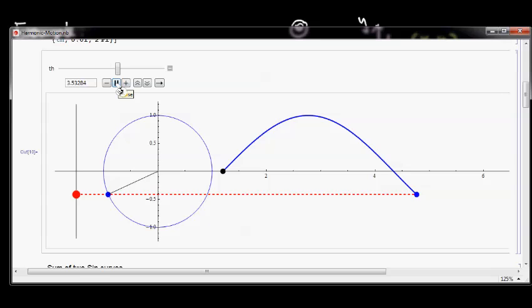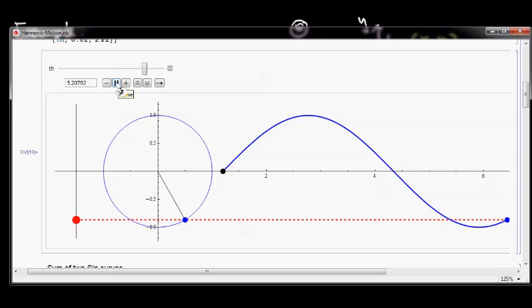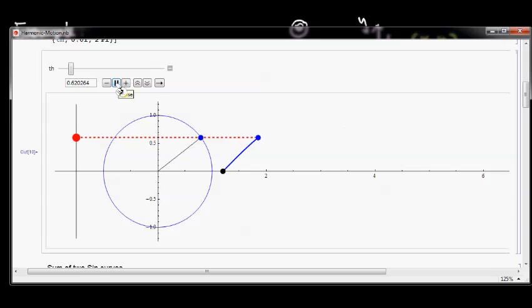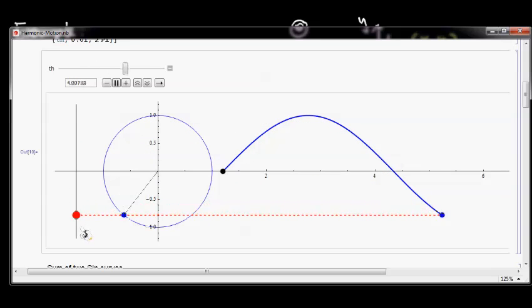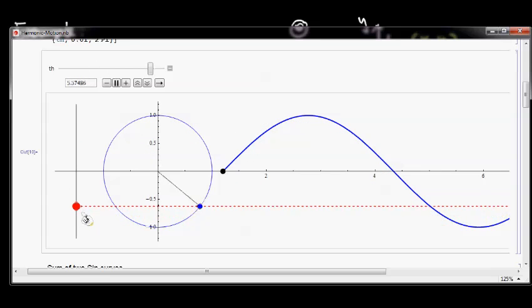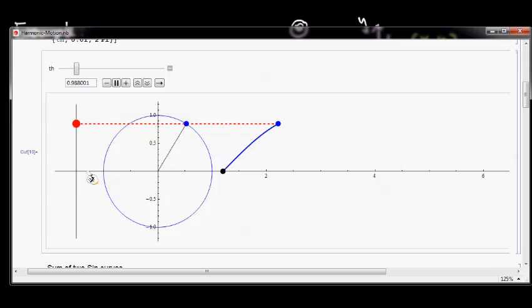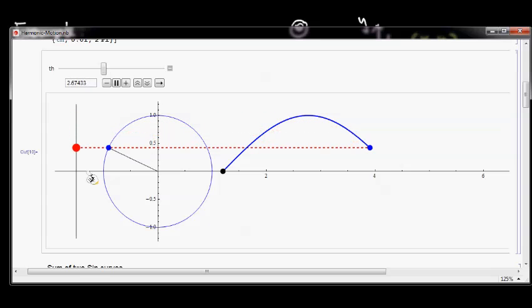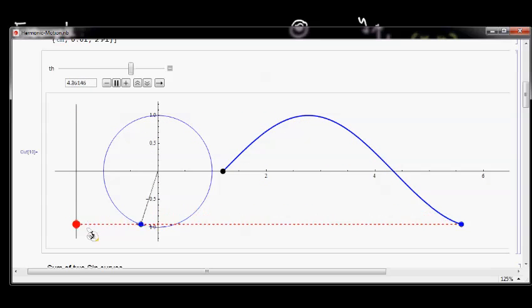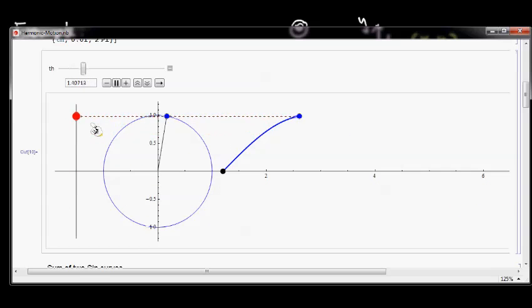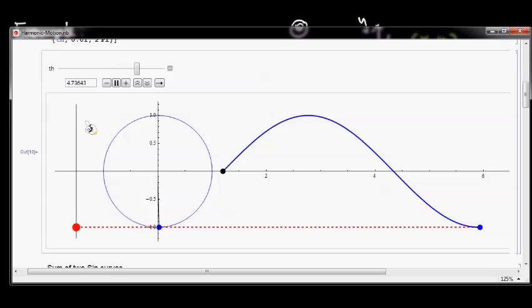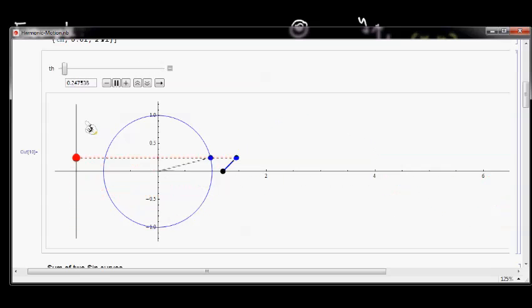So as you can see, the point goes around the circle with a constant angular speed, and the shadow on the wall creates this motion, which passes through the equilibrium position a little bit faster than other positions, and when it reaches position 1 here, it slows down and has a very small speed. It's definitely not constant velocity movement.